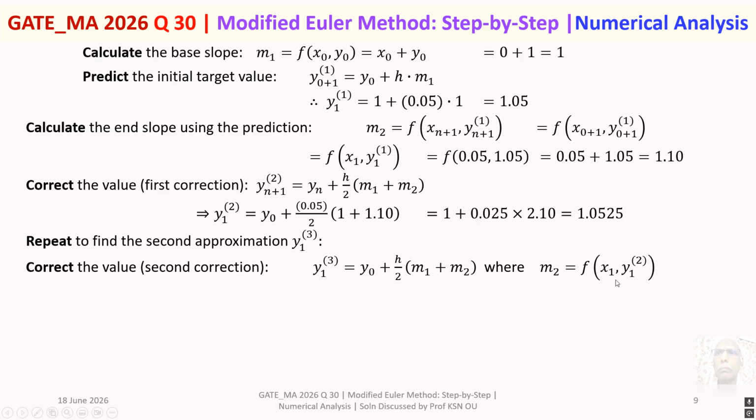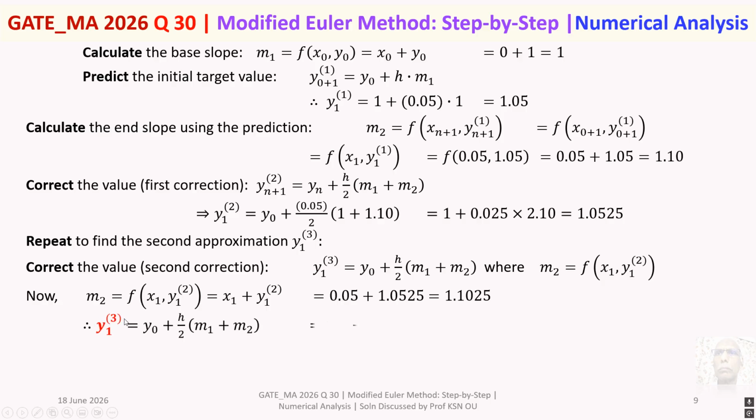So that is f of x1, y1 superscript 2. So we calculate m2, f of x1 comma y1 superscript 2, that is x1 plus y1 superscript 2, that is 0.05 plus 1.0525, that is 1.1025.